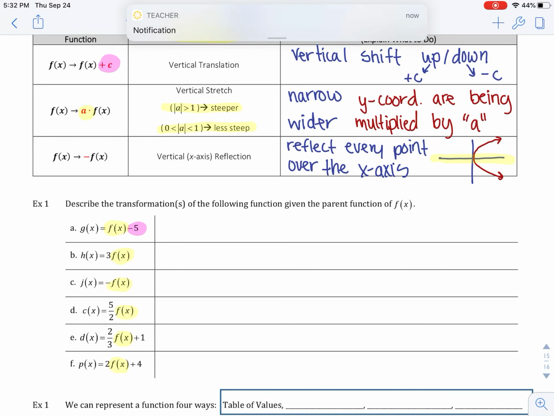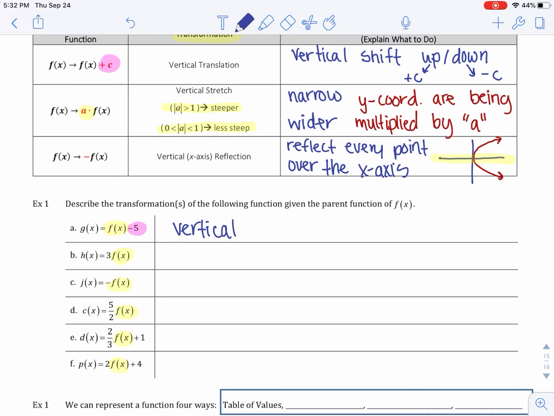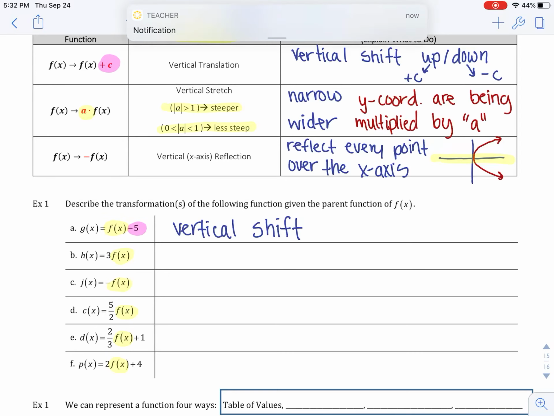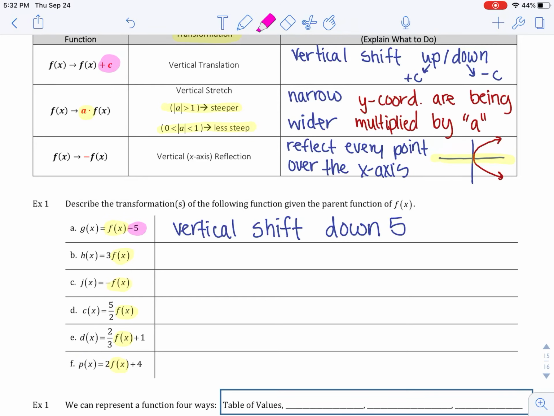Let's go blue. So we have a vertical translation. If you want to use the word shift, that's fine. So vertical shift, and then you have to tell me which way I'm shifting, up or down. Because it's a minus 5, we're going to say down 5. Make sure that you tell us which direction, okay?